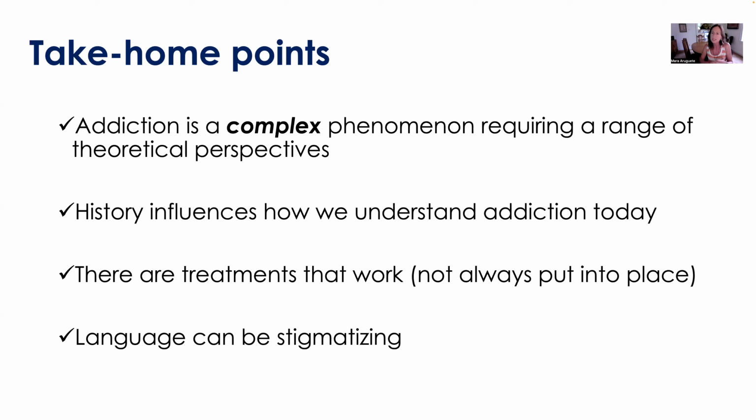And the two big historical perspectives are the immoral perspective and the disease perspective. There are treatments that work. There are good treatments out there that work, but we're not always putting them into place because there are a lot of political and social and historical issues that influence the way that we treat people who have addiction problems.